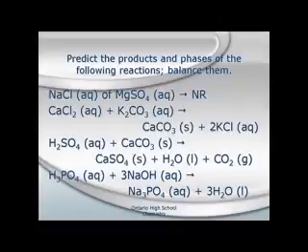So this reaction would occur, and these are the products of that reaction. And finally, the last reaction, we're adding phosphoric acid, H3PO4 aqueous, to a metal hydroxide, sodium hydroxide, and forming sodium phosphate and liquid water. So how'd you do?